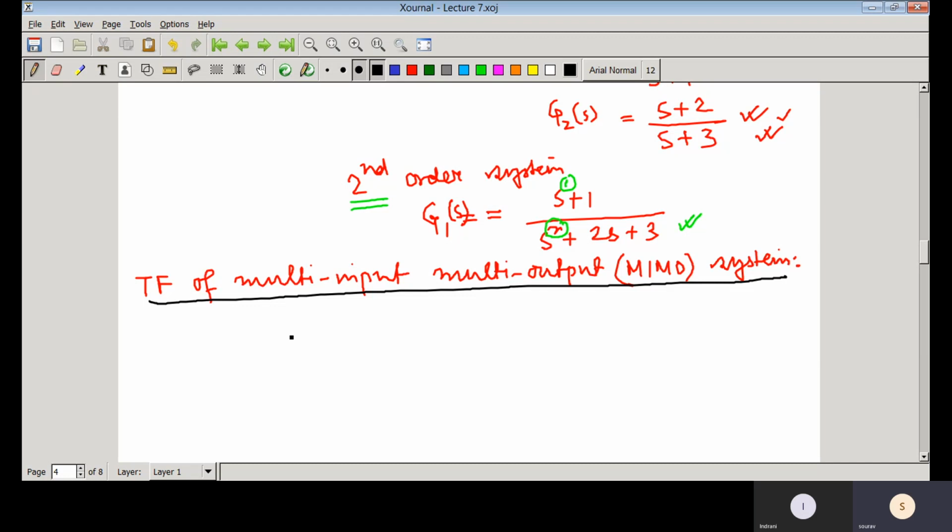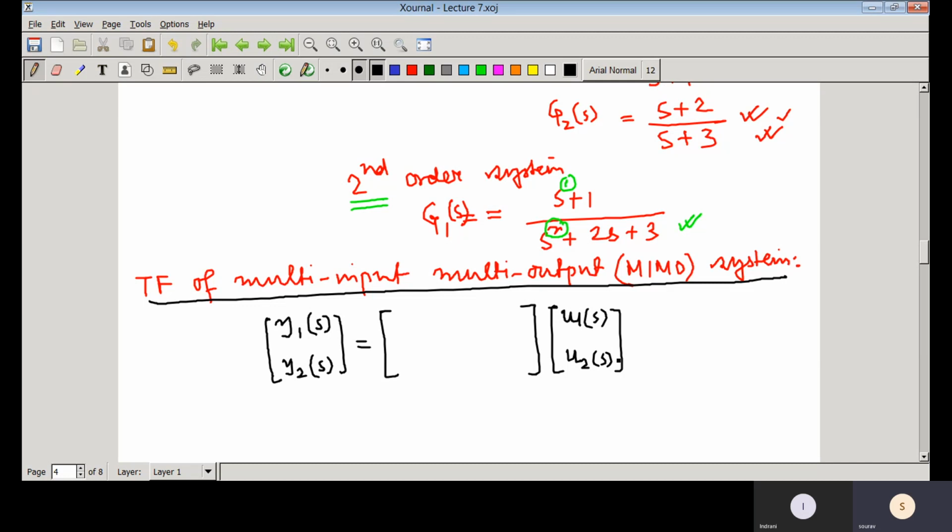Suppose I take one multi-input multi-output system which has two outputs, Y1(s) and Y2(s), those are called channels, and suppose two inputs. You may ask whether the number of inputs and outputs should be the same. No, you can take any number of inputs and any number of outputs. Suppose here it is 3 inputs and 2 outputs.